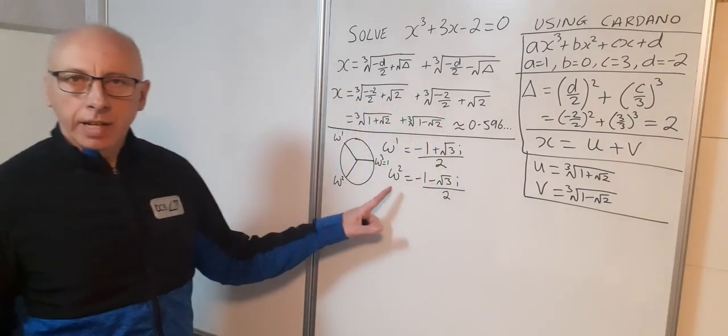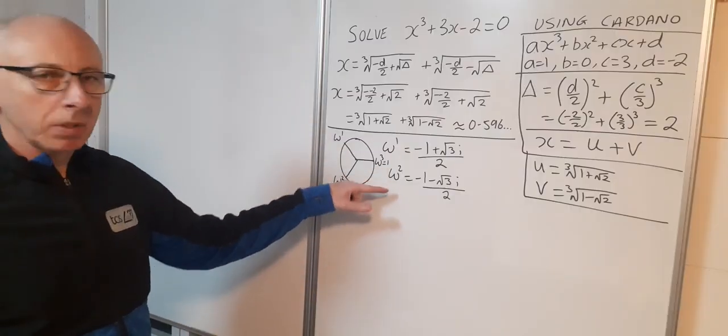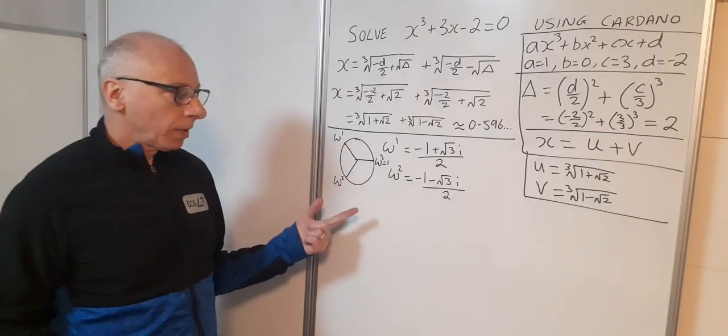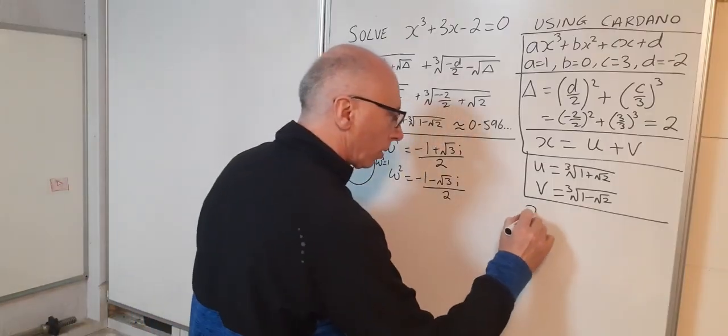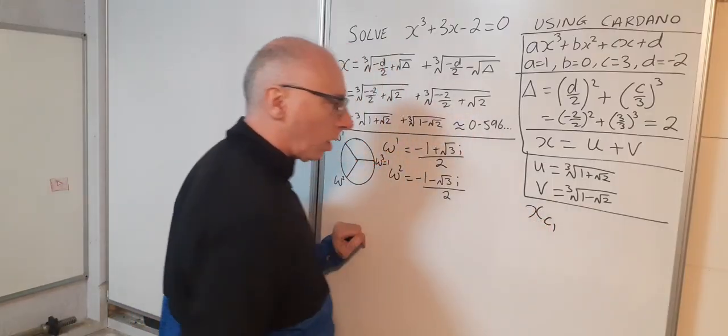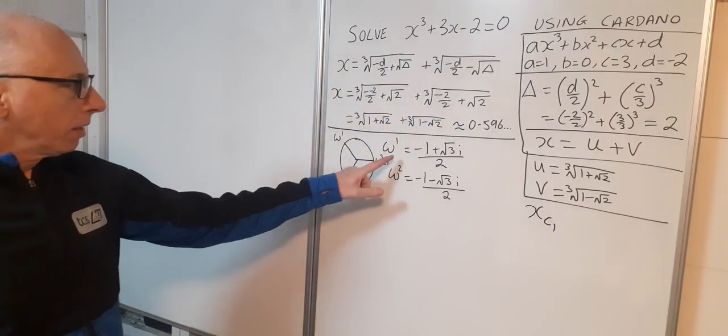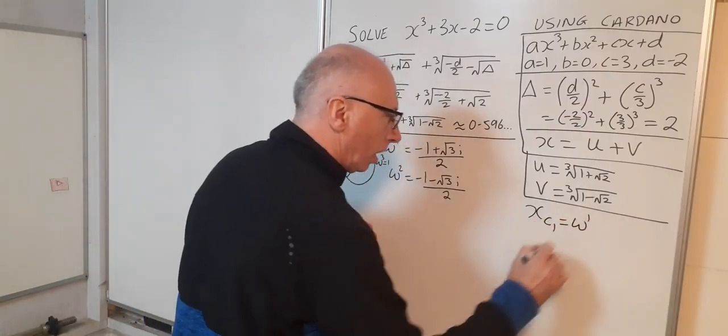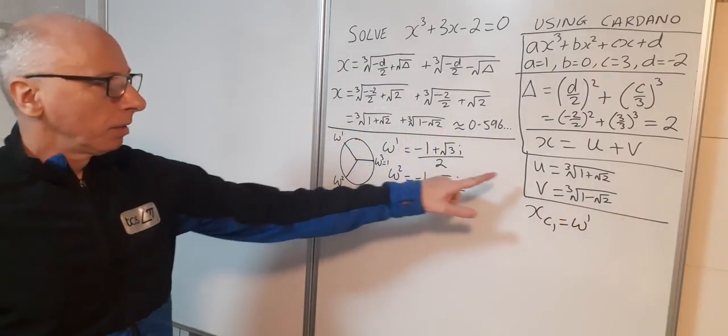So now with that I've got my building blocks to find my complex solutions. So my first complex solution, let's call that x complex 1. What I want to do now is take this omega to the power of 1 and multiply that by u.